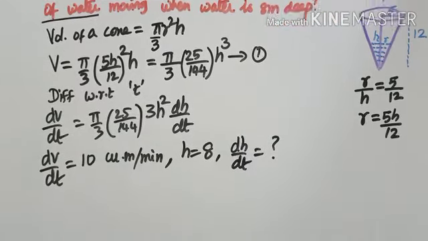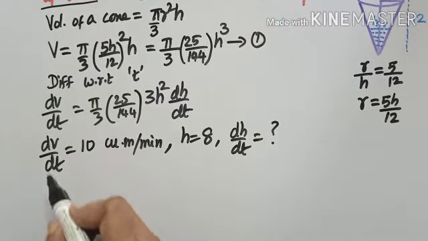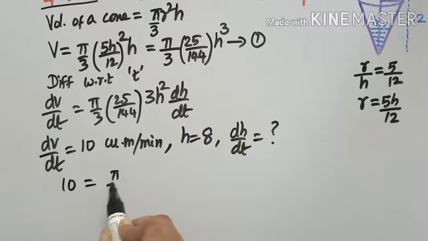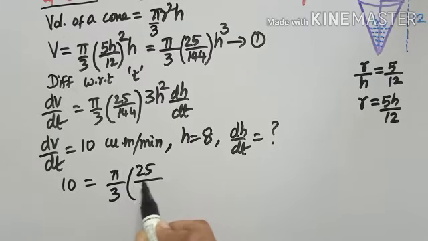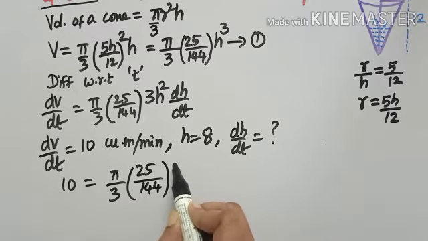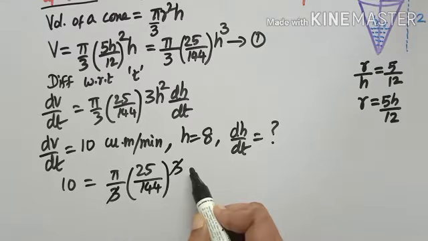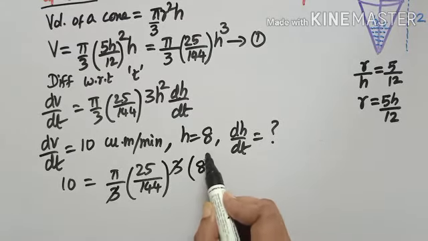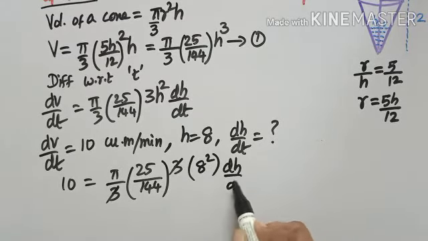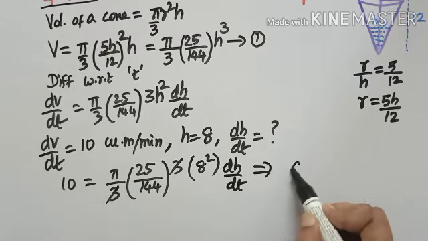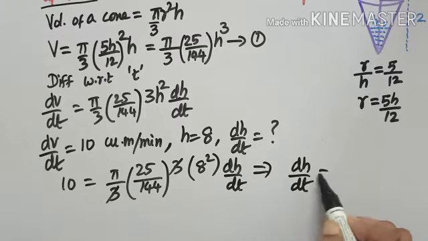As we substitute, dV by dt I can put 10, pi by 3, 25 by 144 into 3. This 3 and 3 we can cancel. h square, 8 square, dh by dt we don't know. From this, what is dh by dt?